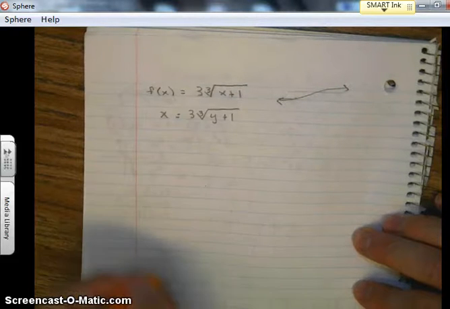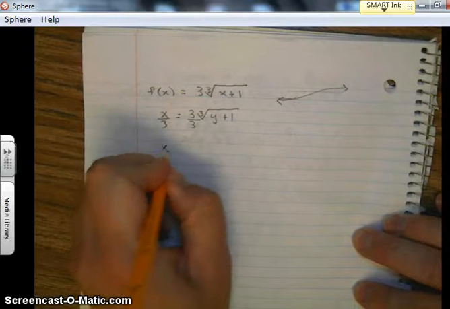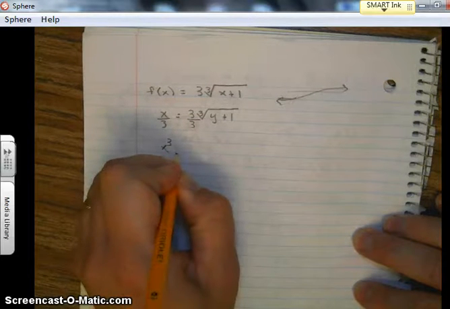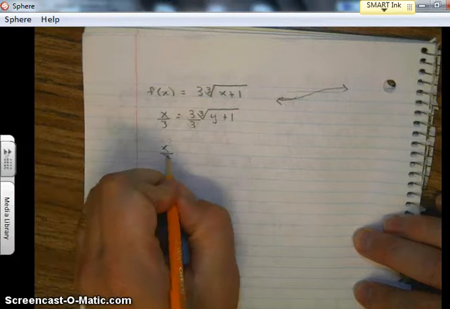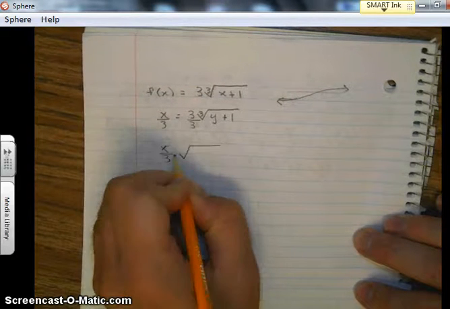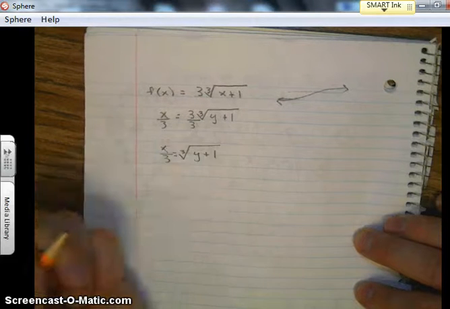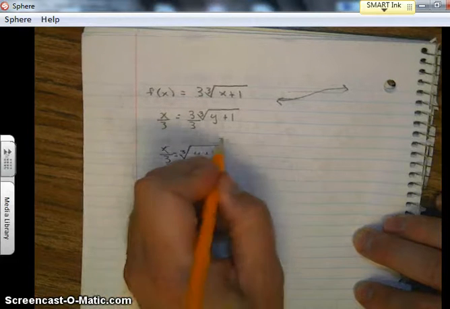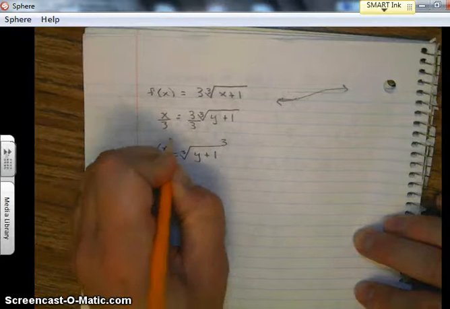Solving for y, divide by 3 on both sides. Okay, undoing the cube root, we're going to take the third power on both sides.